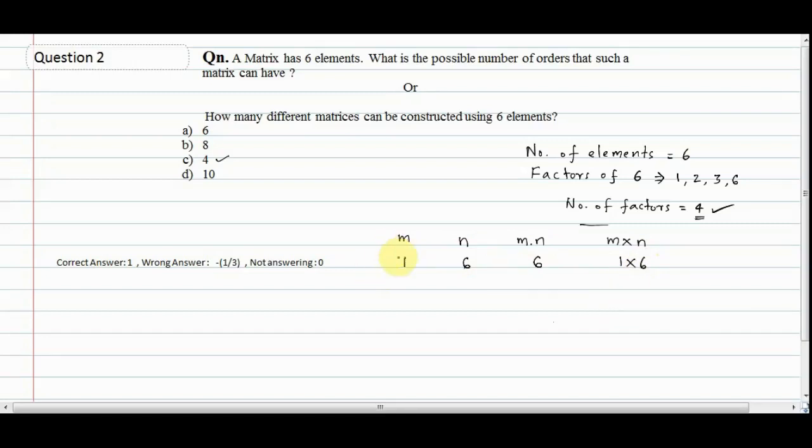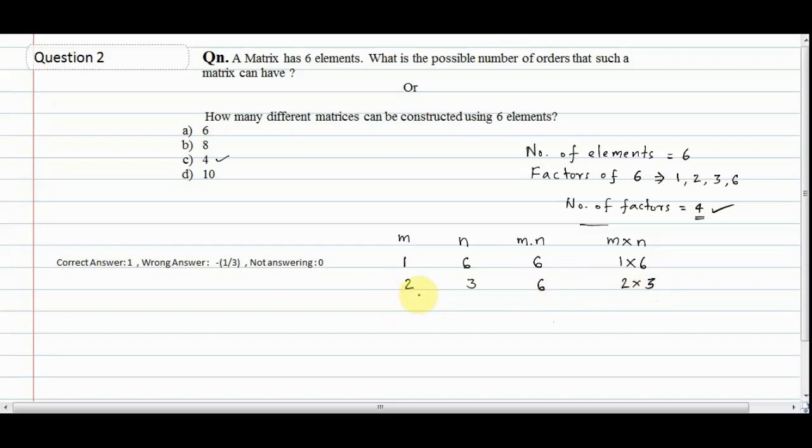Now suppose m is 2, that is number of rows is 2. In that case, to get total number of elements equal to 6, what should be the value of n? N must be 3, right? So if a matrix is having 2 rows and 3 columns, then the number of elements in that matrix will be equal to 6. So in that case, possible order will be 2 by 3.